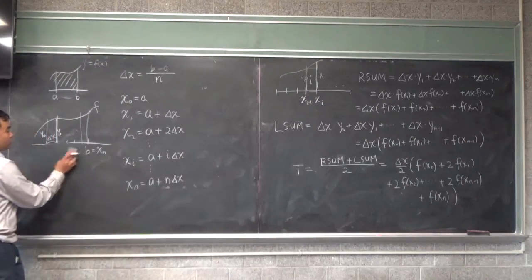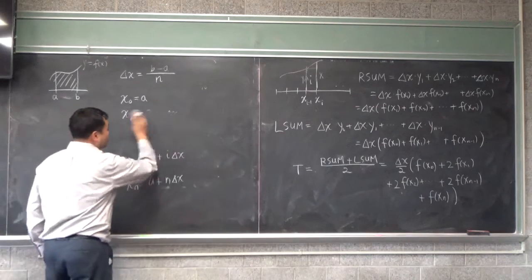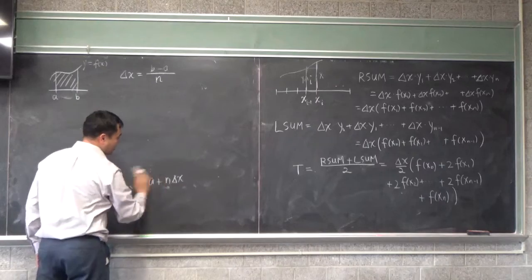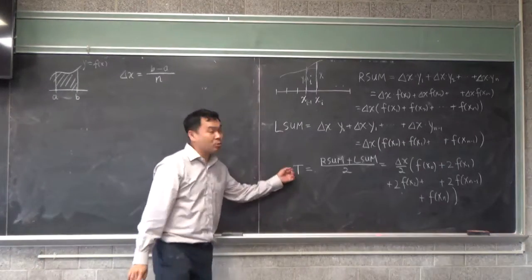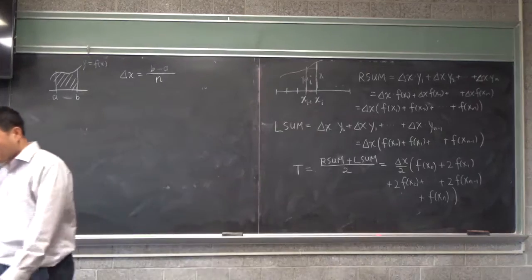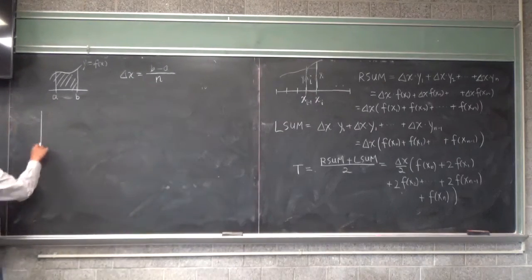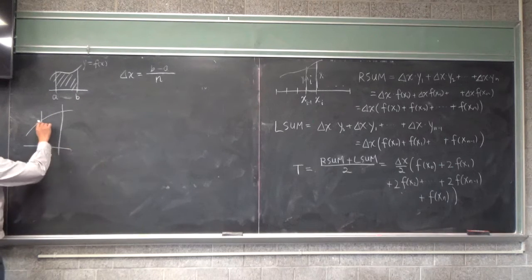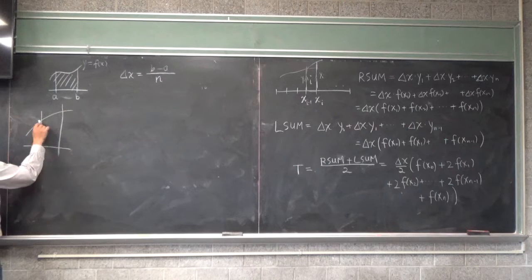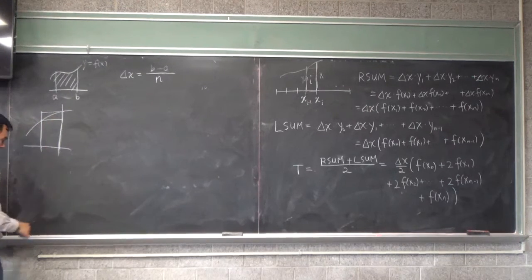Now, the question that you can also ask is, why is this called trapezoidal rule? And the answer is this. If you have a building site and you're using the left sum as one of them and the right sum is the other one.